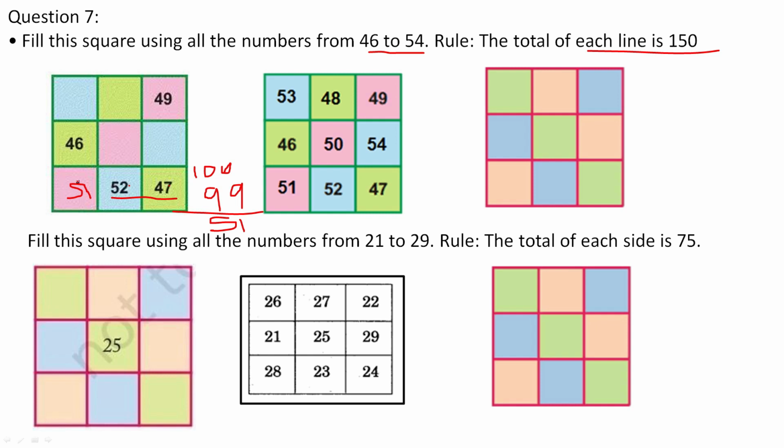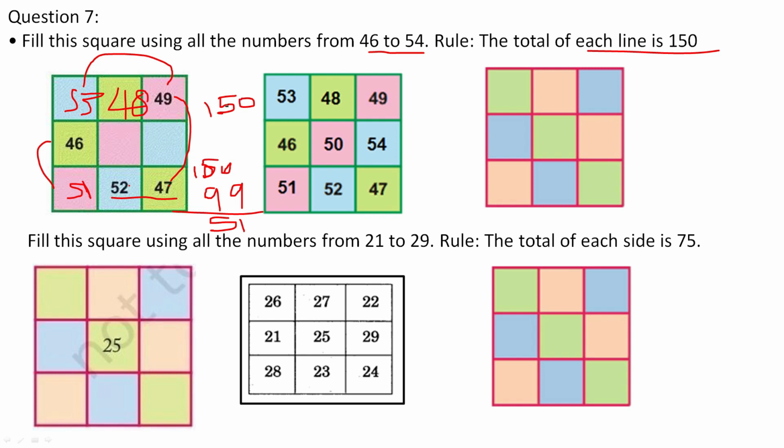Again you add these two. 51 and 46 add and subtract from 150, you will get 53. Then add 53 and 49. Again subtract from 150, you will get 48. Add 49 and 47 and subtract from 150, because the total is 150.